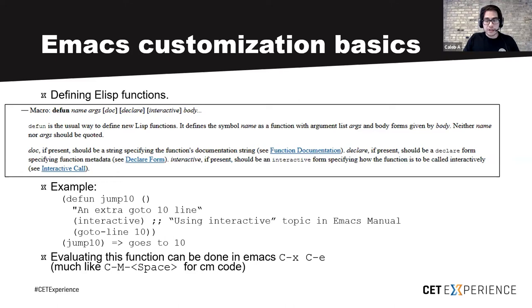The difference here is it now is defined and accessible by Emacs versus just running it once. And now that our defun is evaluated, you can call this function anywhere by using M-x jump-10. So that's a simple function here. And looking up a lot of the functions within Emacs, there's a lot of stuff that you can do and essentially script.